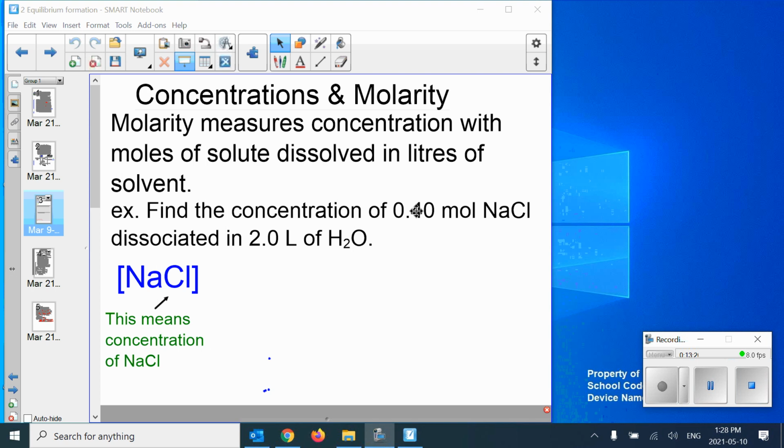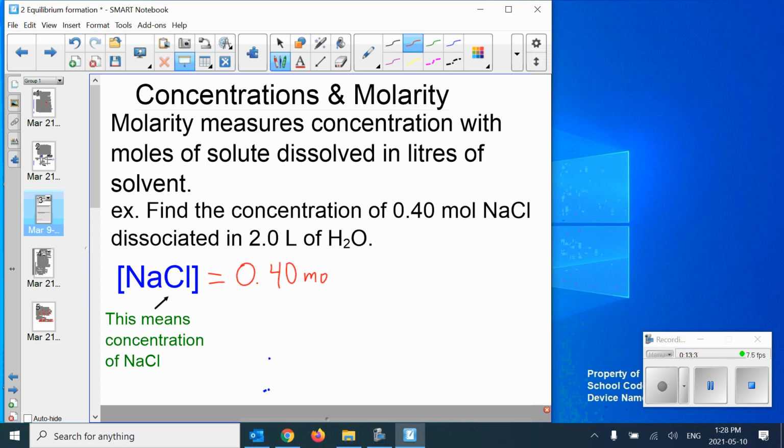Hopefully it's recording. Now, so that's sodium chloride. If we want molarity, it's moles divided by liters. This is a pretty simple question on purpose. So 0.40 moles of NaCl divided by 2 liters. So that's it. As far as the math part of this, that's simple.